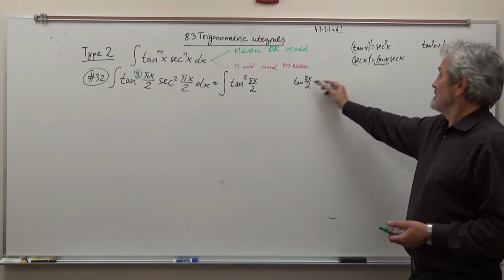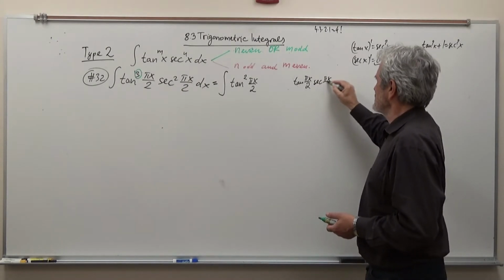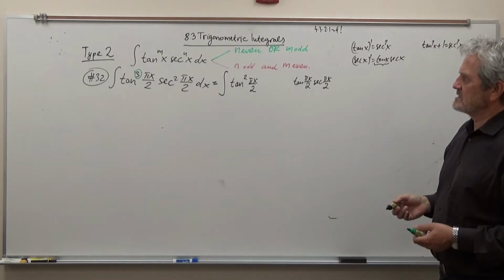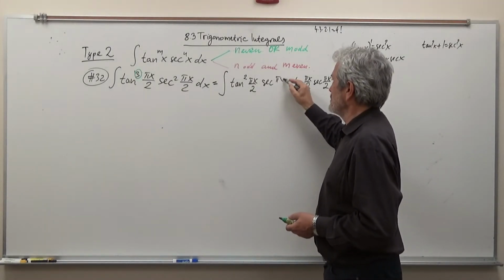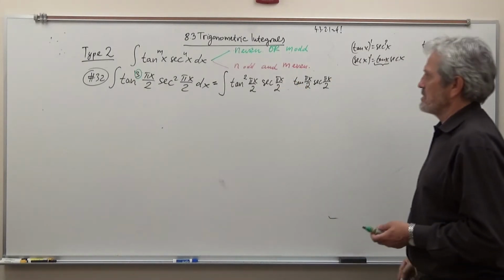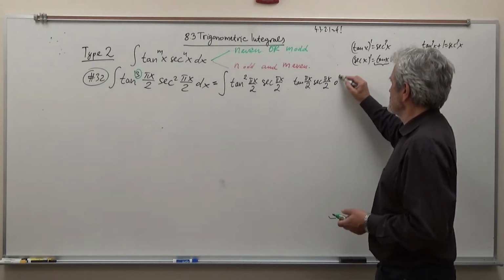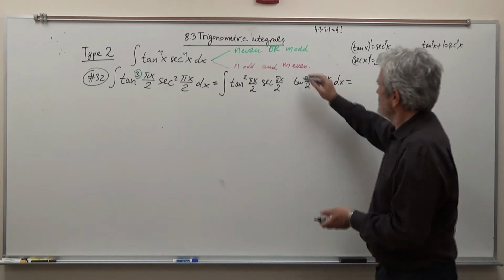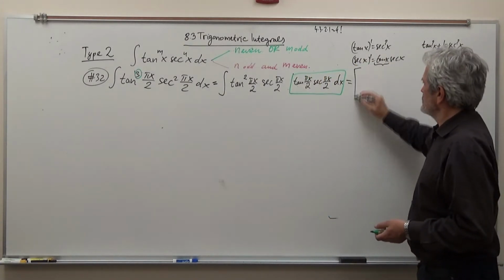But this also needs secant of pi x over 2. That's not a big deal because that gets replaced directly. So we spend one secant, and one is left, that will be u, so it doesn't matter if it's even or odd. So this is tan cubed, secant squared, and it looks good. Here's our derivative, all ready. So what do we do here?